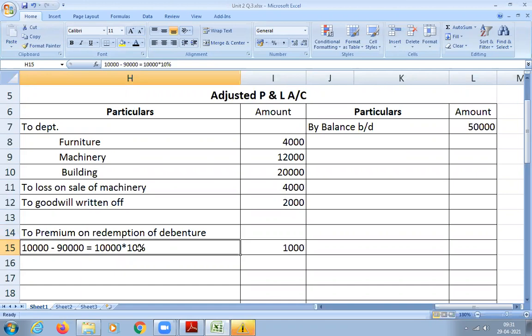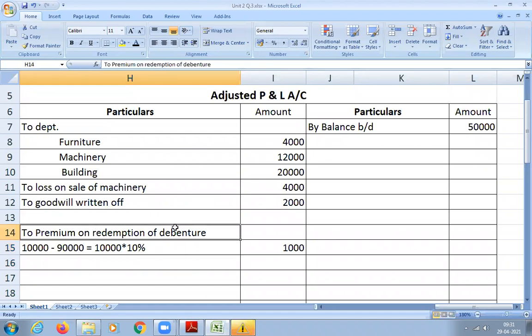Is it application of fund or source of fund? When I'm redeeming, it is an application of fund because fund is going out. Redemption means I'm paying the money to the debenture holders. So the 10,000 along with the premium you have to write again in the fund flow statement.